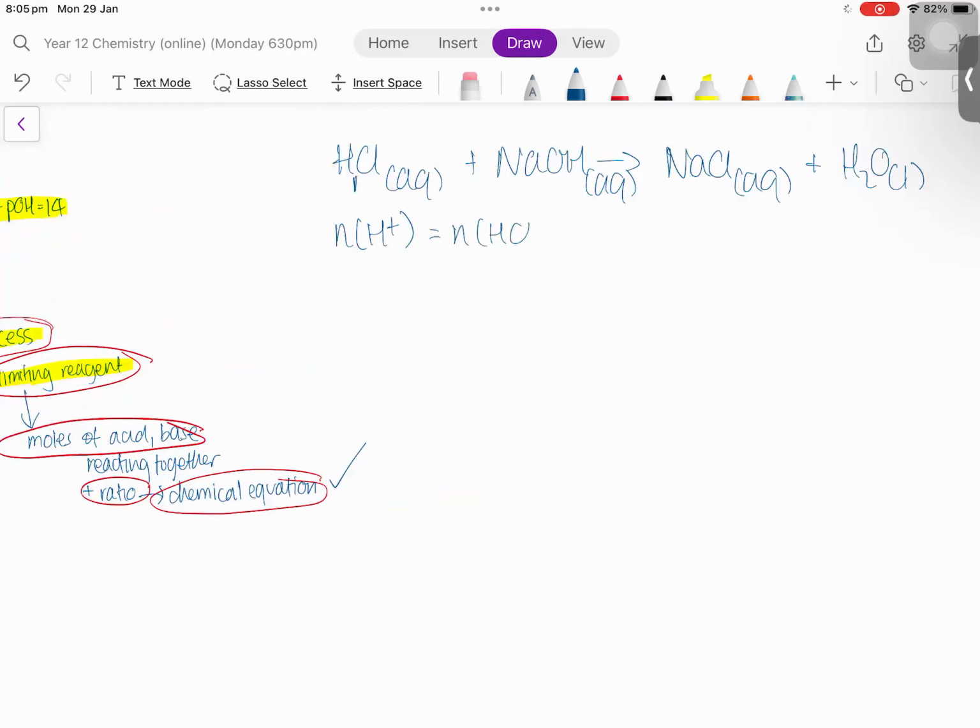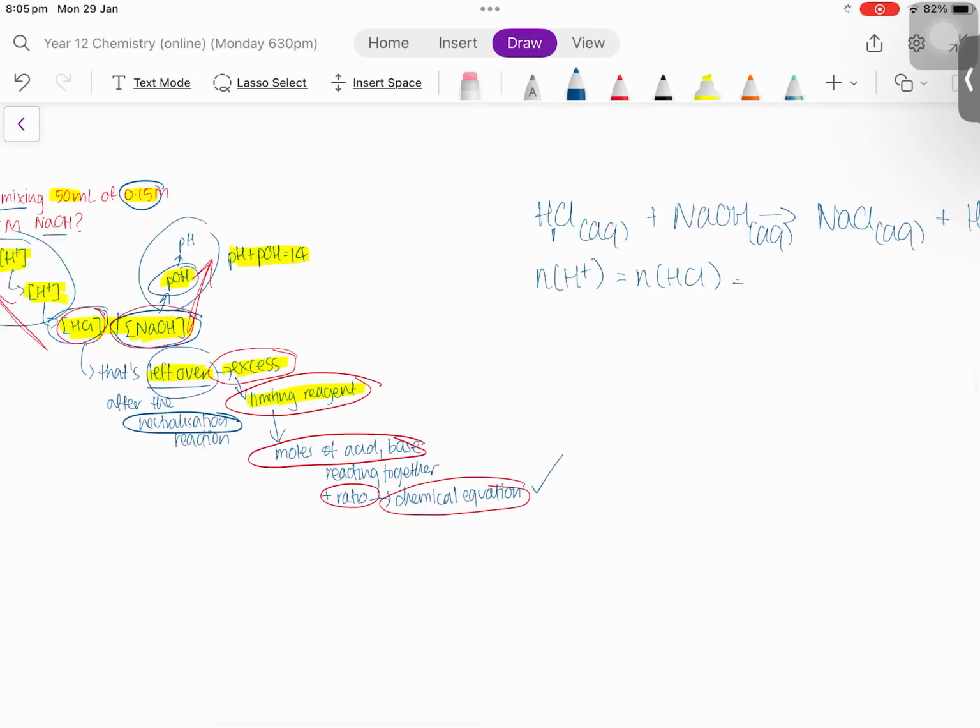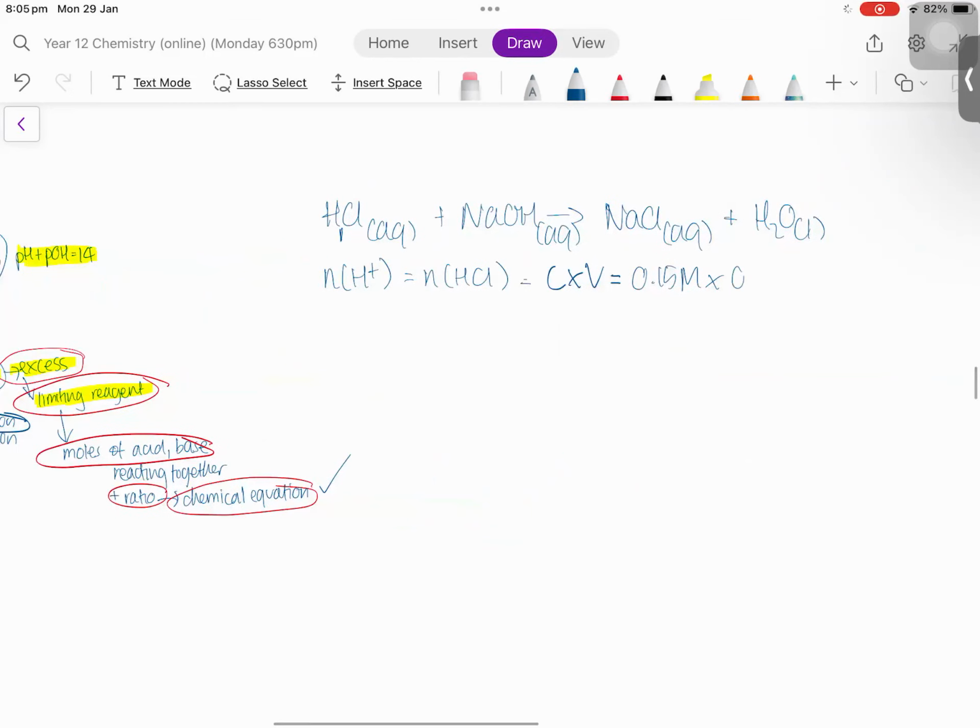So what kind of formula am I going to use to calculate moles? You use the number of moles equals concentration times volume. Good. C times V, which is 0.15 molar multiplied by 0.05 liters. Can someone pop that in the calculator quickly for me, please?